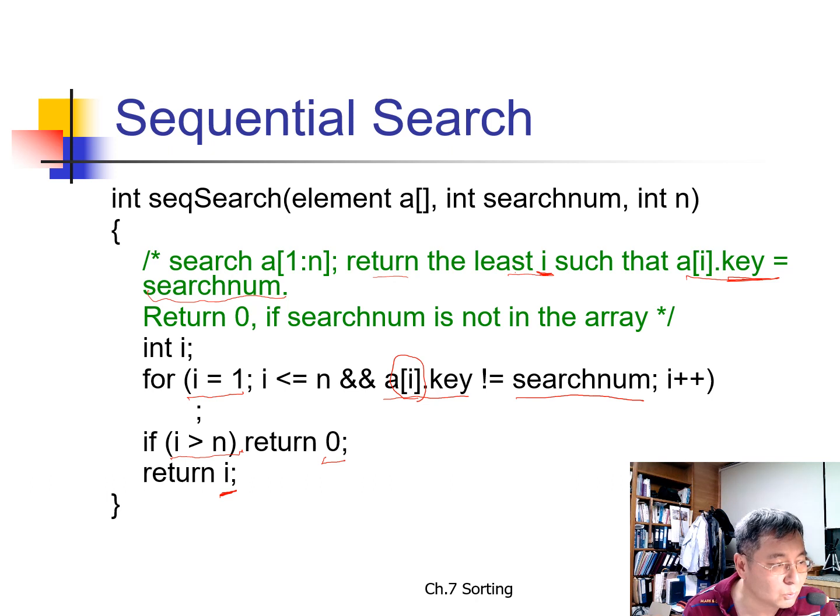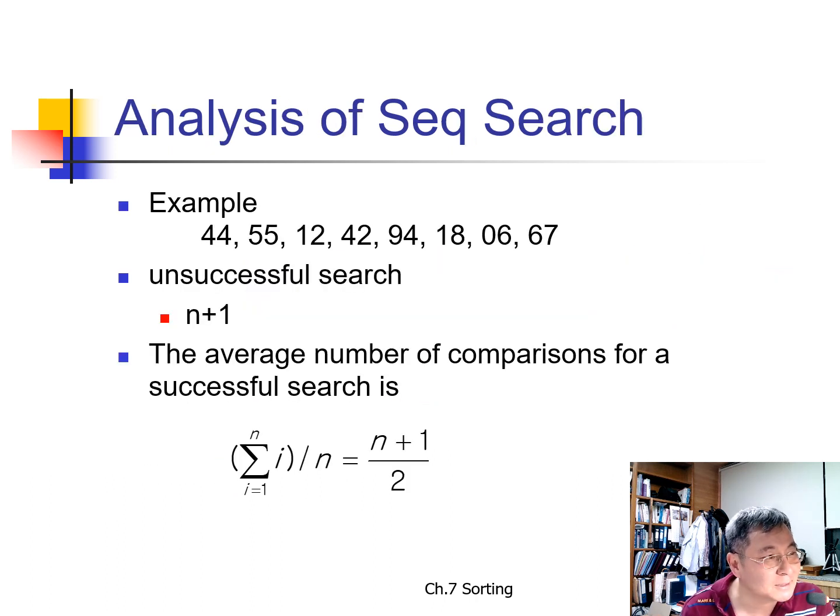That means we will search from index 0 to n in the given data set. It's just a brute force method. So this is a sequential search example.